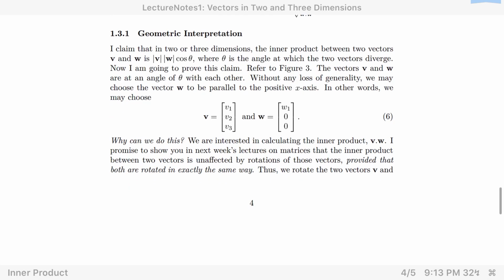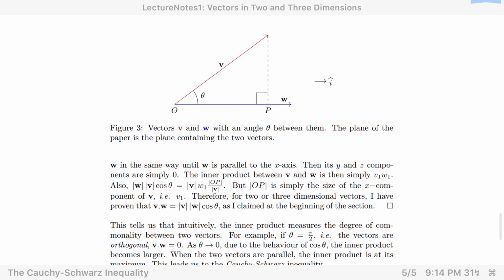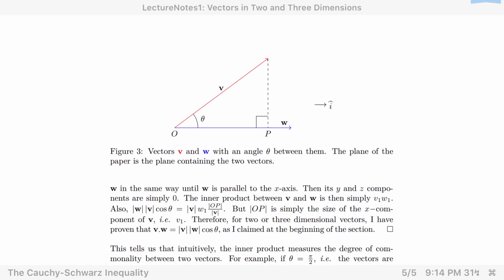Now, I'm going to claim that this expression is equal to the modulus of v times the modulus of w times cosine theta, where theta is the angle at which both vectors diverge. Have a look at figure 3. So v and w diverge at an angle theta, because they're both going in different directions. I mean, they're both diverging from their meeting point. That's what I mean.